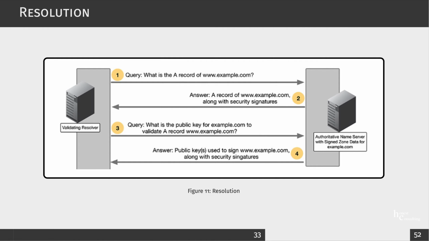Because it was a signed answer, the validating resolver has to validate the signatures. So it asks the authoritative system for the public key of example.com.